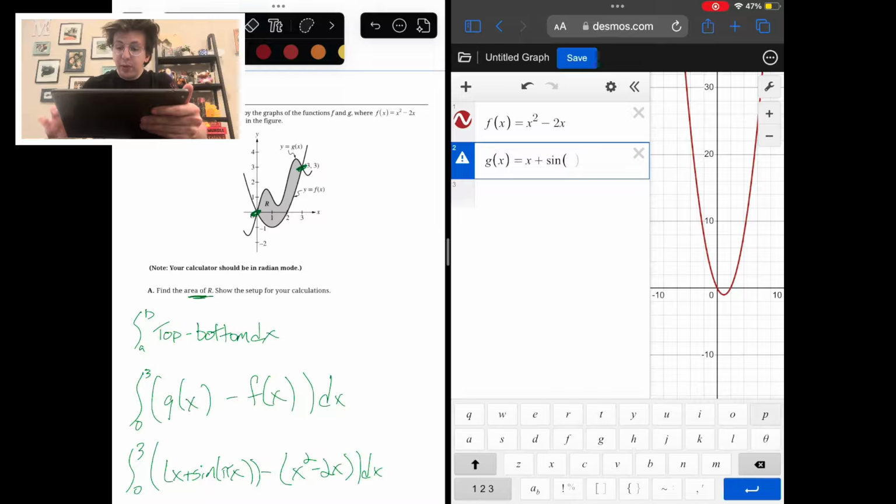I'm going to physically type the word pi in, and Desmos already knows to use the pi symbol.